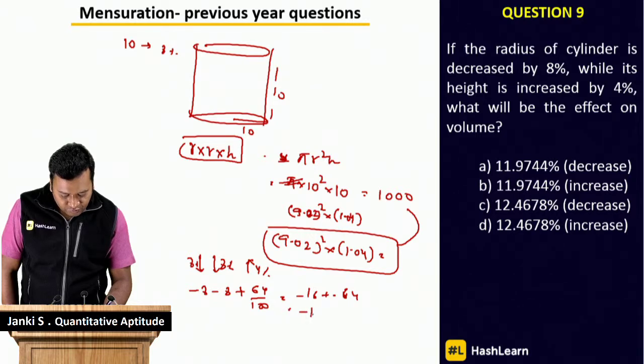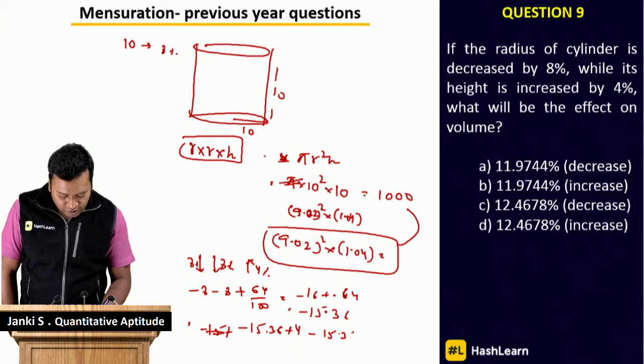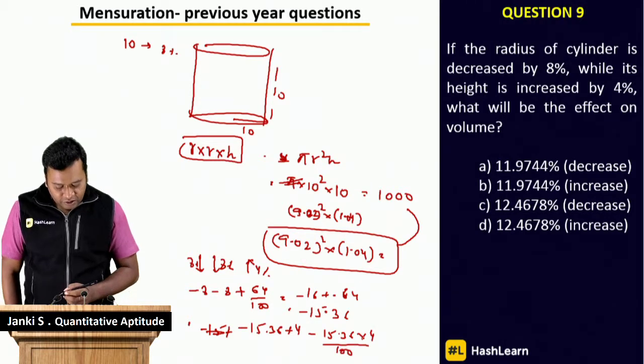That's minus 15.36. Further I have to apply plus 4, minus 15.36 plus 4, negative into positive is negative, minus 15.36 into 4 by 100 will be the value, right?